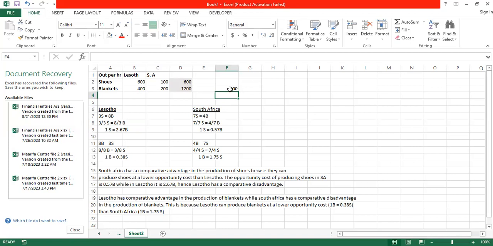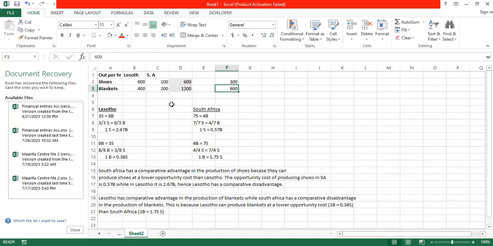In terms of the Otaki prices, if we're getting 600 blankets, 600 blankets are basically worth how many shoes? 300 shoes, given in that ratio there, right?